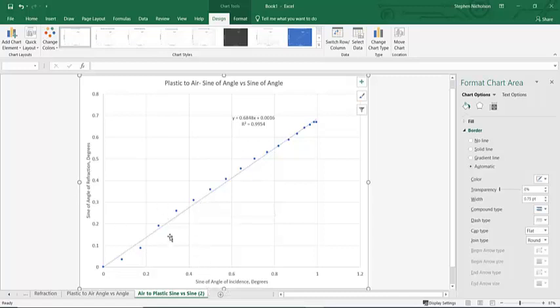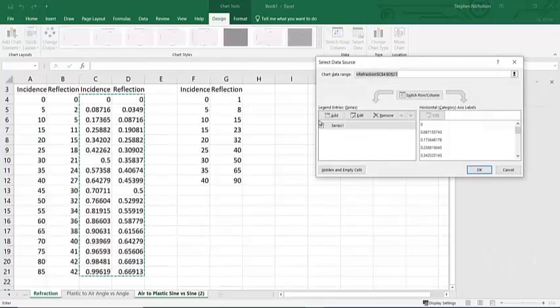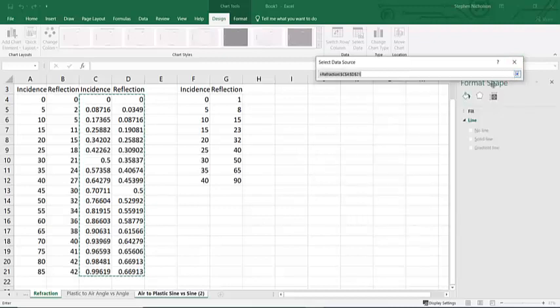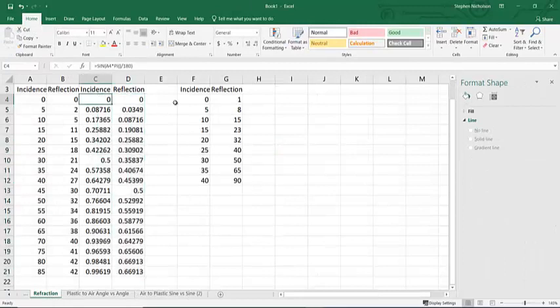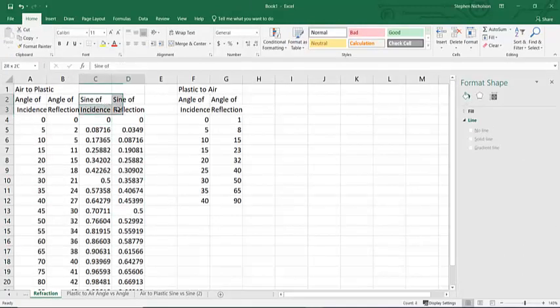The labels are correct on the axes. So we need to select the data. So we go chart data range, highlight this. Oh, except cancel everything here. We've got to go back to the data and do the sine. So the best thing to do would be to copy these.